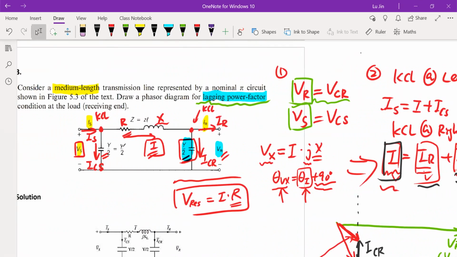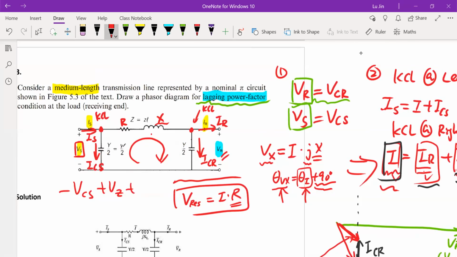If we apply KVL to this loop, so let's just clean this part up, okay? Using the KVL for this loop, the negative VCS plus the voltage across the impedance plus the voltage of the receiving side capacitor is equal to 0. So this gives us VCS equals VZ plus VCR.